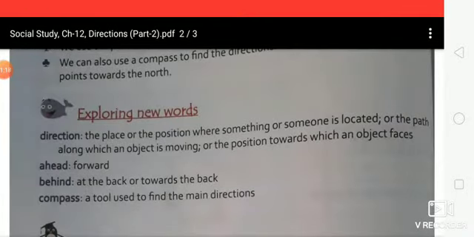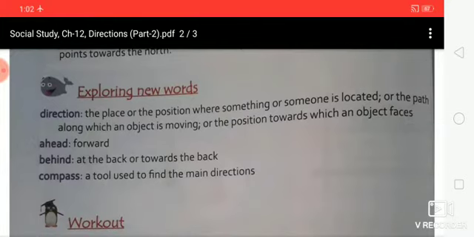Directions help us find someone or something by giving us their position or by showing us the position toward which we must move. We use directional words like left, right, straight, ahead, behind and in front of to give directions. There are four main directions of the earth. They are fixed.